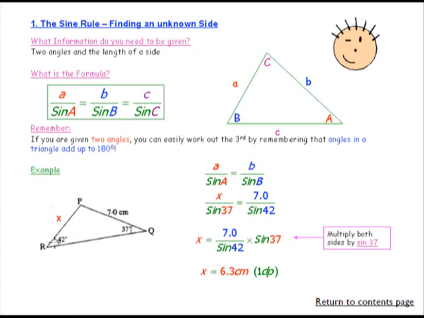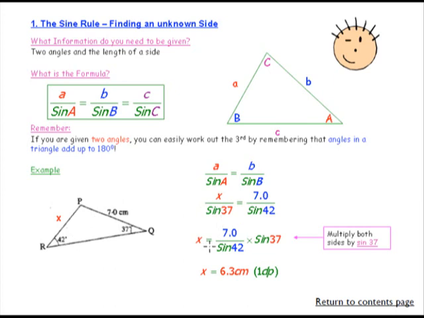Let's quickly look at an example. If you have this triangle, with an unknown length and its corresponding opposite angle, and a known length and its corresponding opposite angle, using the sine rule we can pick any two ratios. a divided by sine A is equal to b divided by sine B, so you have x divided by sine 37 is equal to 7 divided by sine 42.